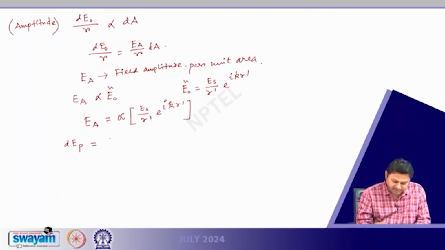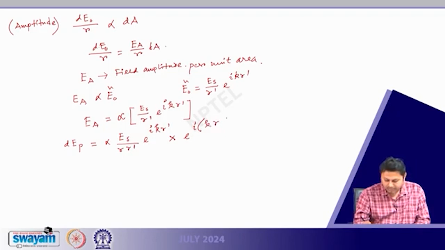So I can write directly alpha, then E_S divided by R prime, then I have e to the power of i k R prime multiplied by e to the power of i(k R minus omega t).